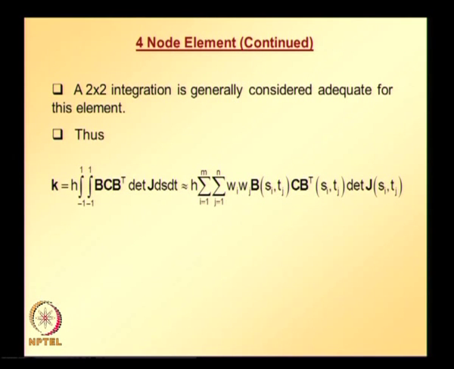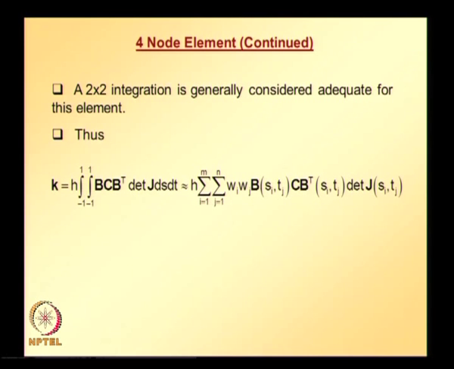so the element stiffness matrix can be approximated by taking 2 integration points along the S direction and 2 integration points along the T direction, and the weight at each integration point is the weight in the S direction times the weight in the T direction.